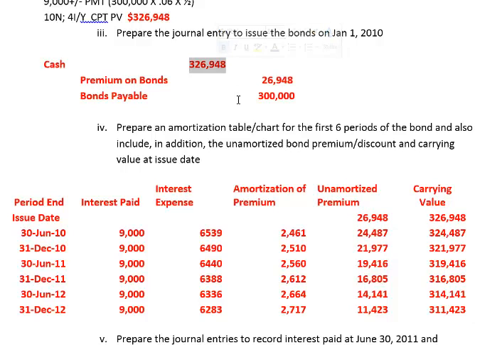That's the present value of the bond. So we know for premium bonds, the carrying value is going to be the present value. And we know that the balance sheet amount at any point in time is the carrying value. So when we do the balance sheet, we would know at the issue date, the bond payable plus the unamortized premium is going to give us the carrying value of $326,948.